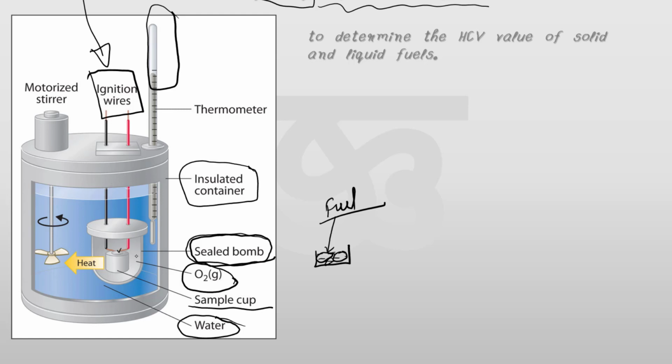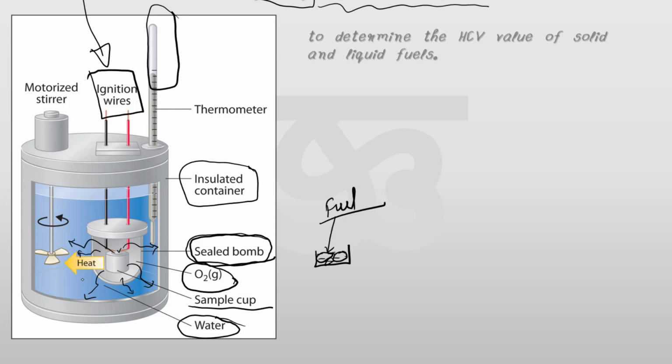Now just imagine, oxygen is already over there, so if we ignite the fuel, it will burn, and while burning it will produce heat, and this heat will dissipate to the water, because these are very good conductors of heat.